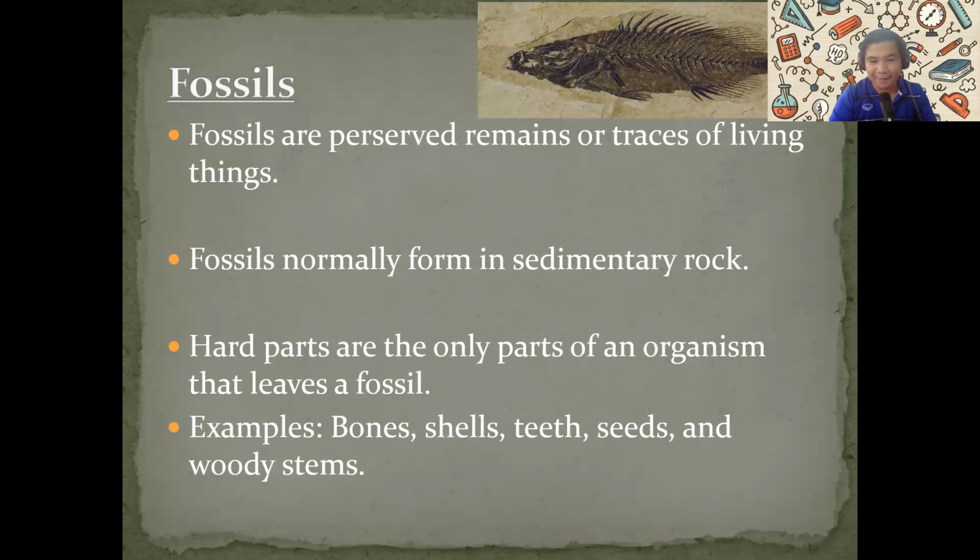Hard parts are the only parts of an organism that leave a fossil. So, if there is a hard part of the body of a living organism, those hard parts are usually the ones that remain as fossils. Let's say, for example, there is a fossil of old humans from when there were dinosaurs.